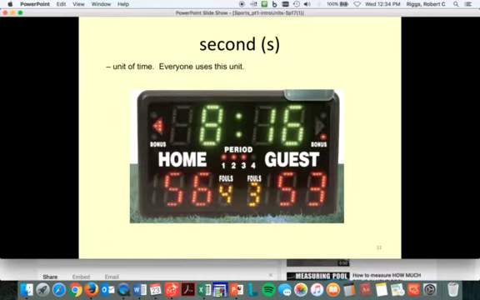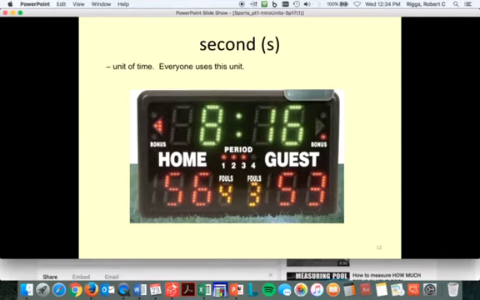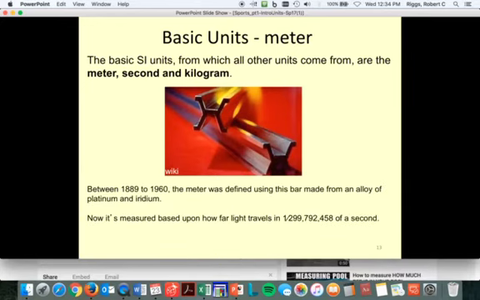Okay? All right, the next thing we're going to look at is the seconds. And then we'll also look at the meter. Basic unit of the meter, okay? Between 1890 and 1960, the meter was defined using a bar made from an alloy of platinum and iridium.